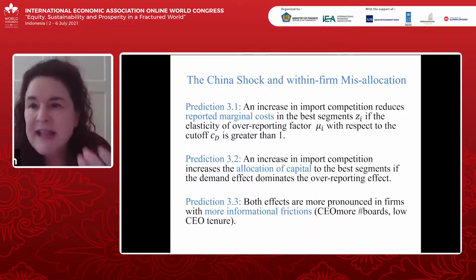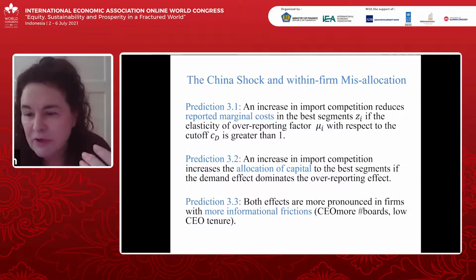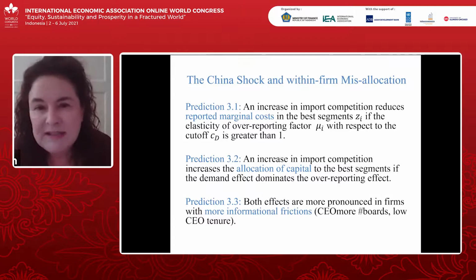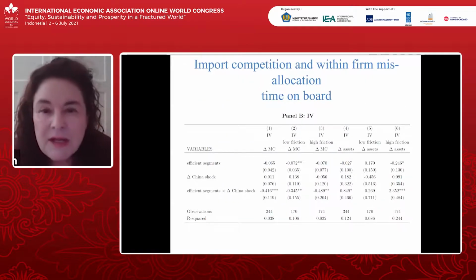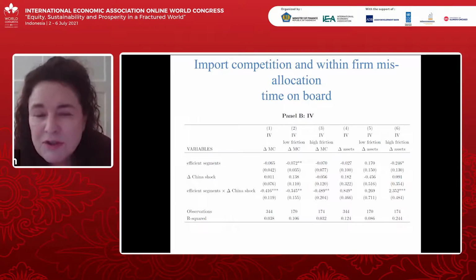The shorter his tenure, the less likely it is that he knows the cost of a division, and therefore the more likely it is that the division is going to over-report. So let's look at the data. So the first 3 columns look at the change in the relative marginal costs.